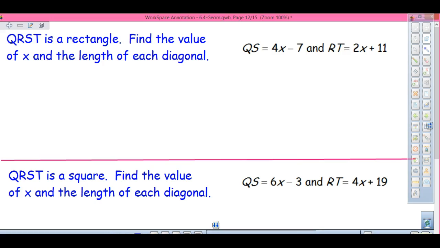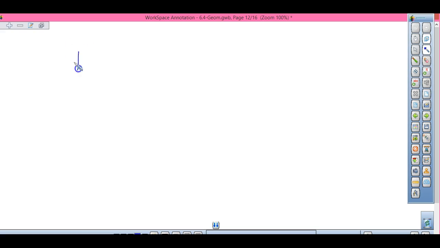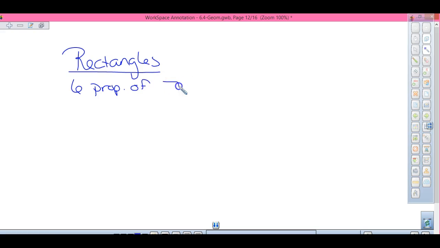Okay, so rectangles. You've got your 6 properties of parallelograms. How do you know if it's a rectangle? 4 right angles.